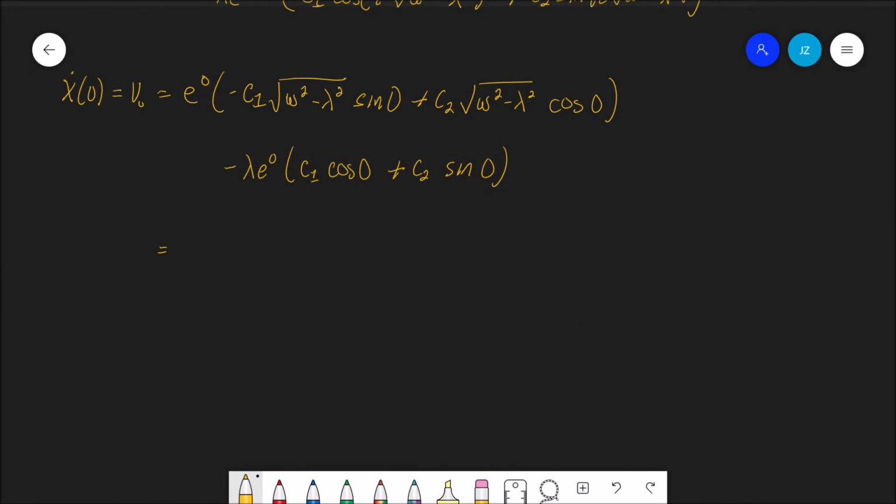So we'll wind up with c2 times the square root minus lambda x naught, and that has to equal v naught, and so c2 has to be lambda x naught plus v naught all over the square root.